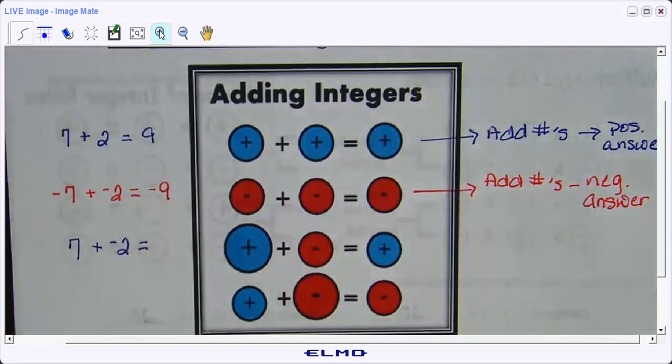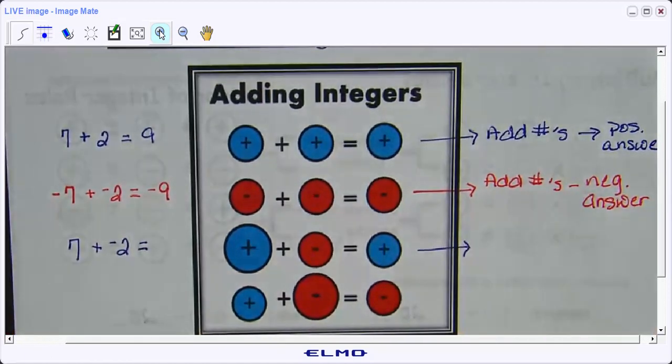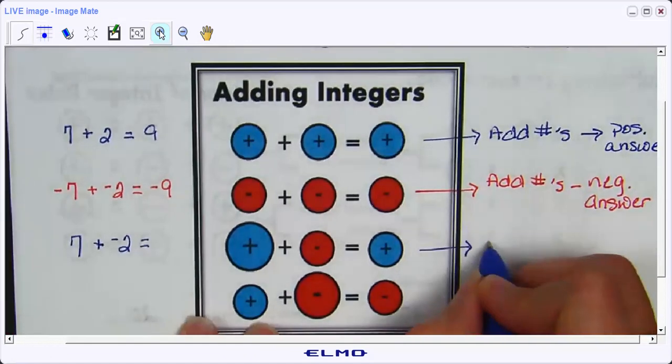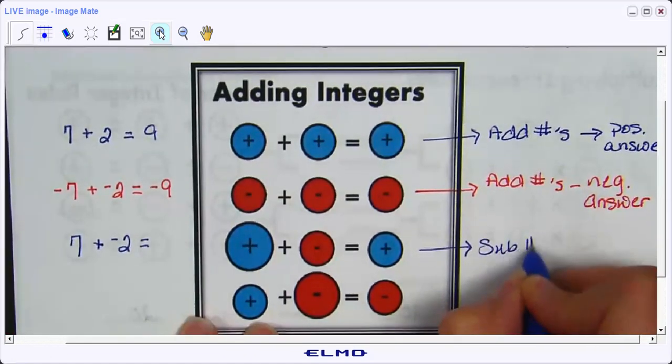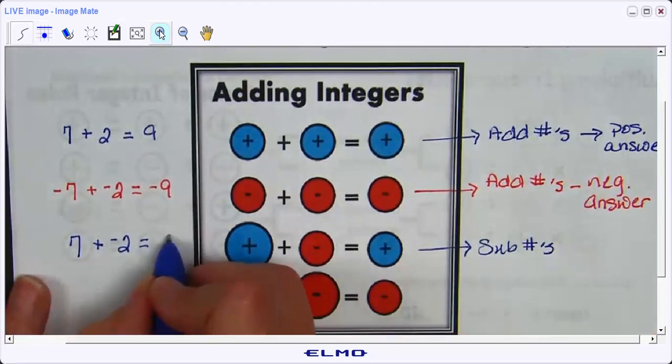Now, what happens when our signs are different in adding? Do we add or subtract them? We subtract them. So I'm going to subtract my numbers. So 7 minus 2 is 5.